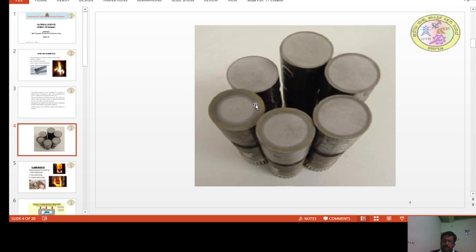So the properties of the surface or case are different from the properties of the core. Usually the core is tougher to absorb shock loads, and the surface is harder to resist wear and sometimes corrosion. So these are all surface heat treatments.